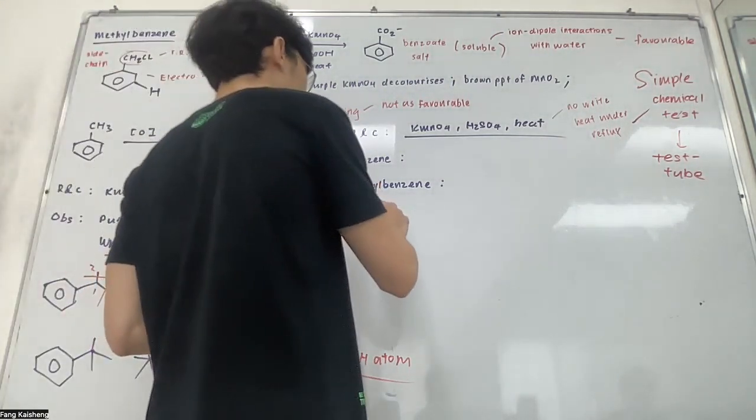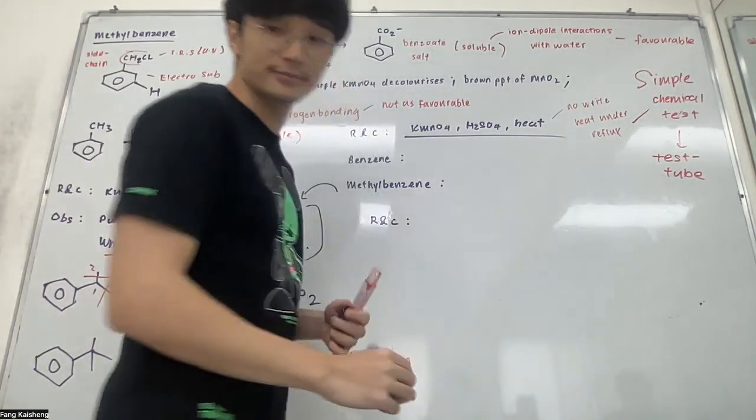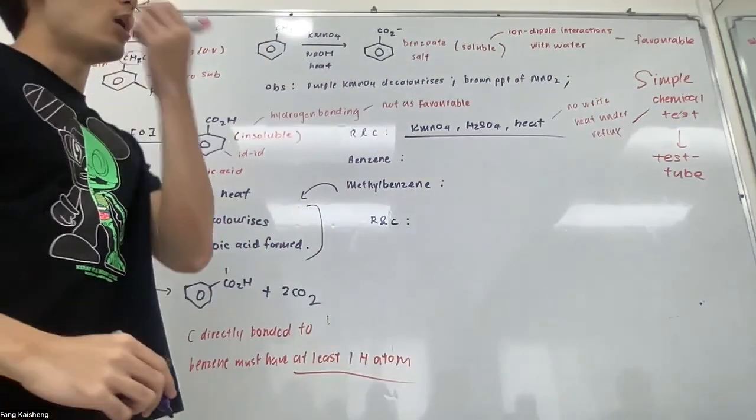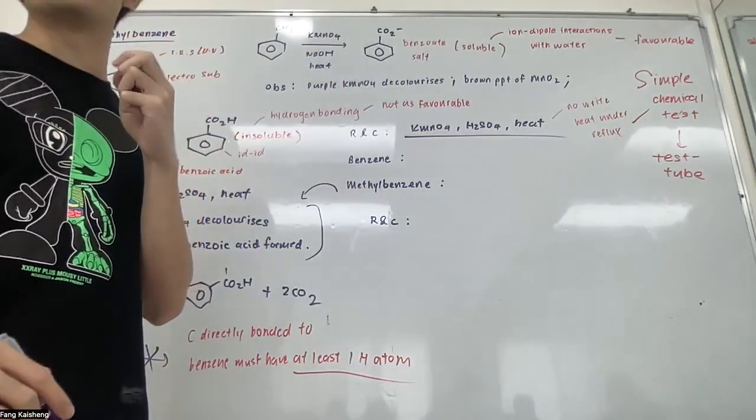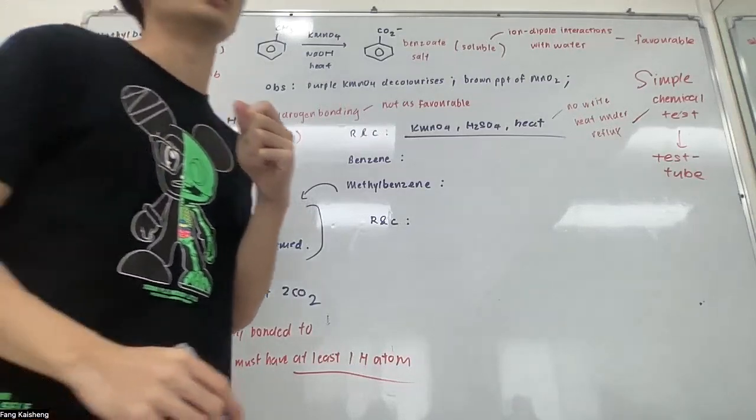So the reason not to write heat under reflux is because the question highlights the words simple chemical test. You can only do a test tube reaction.